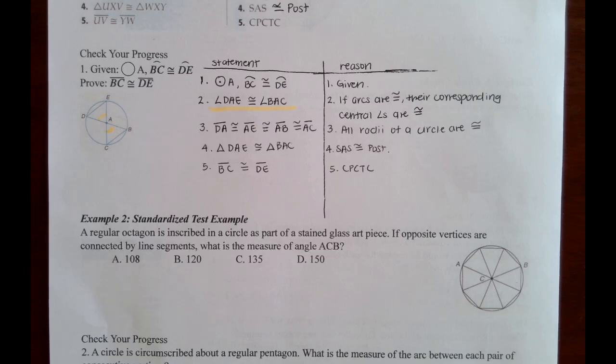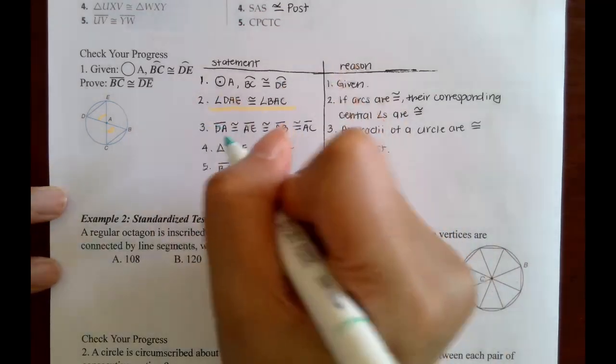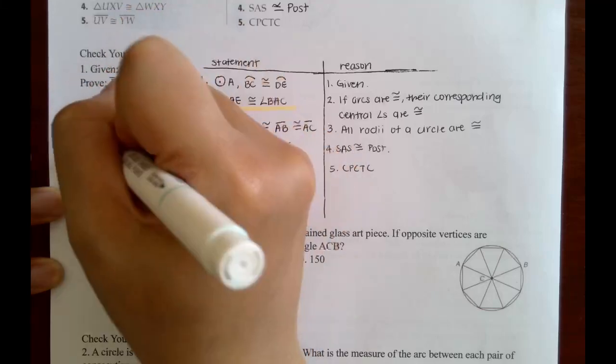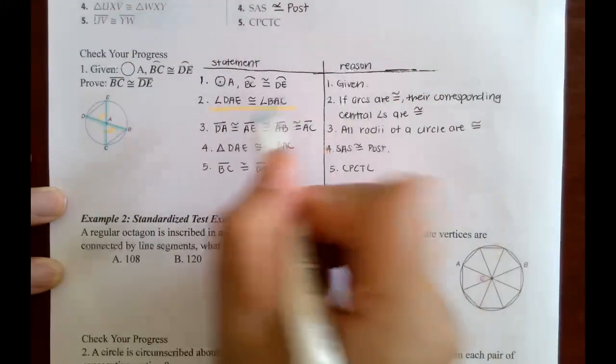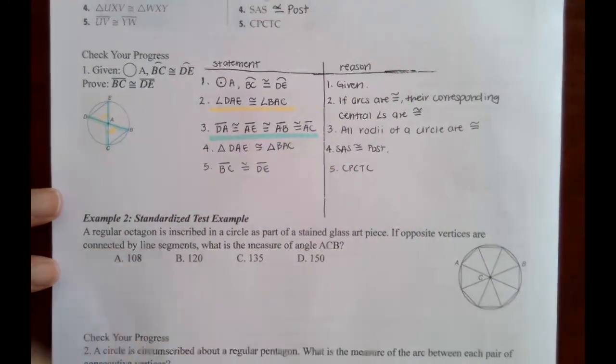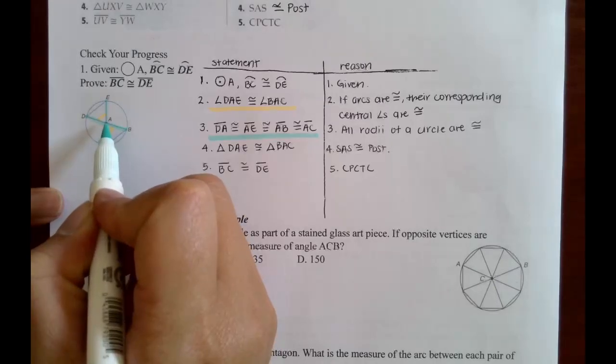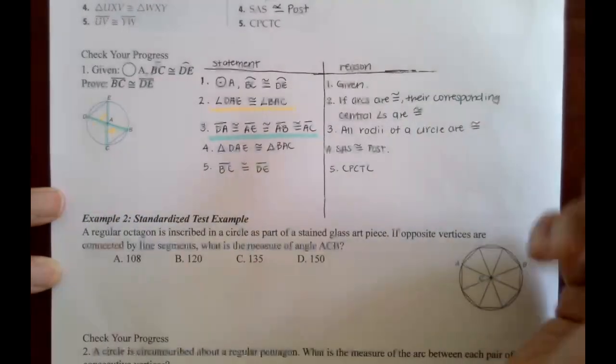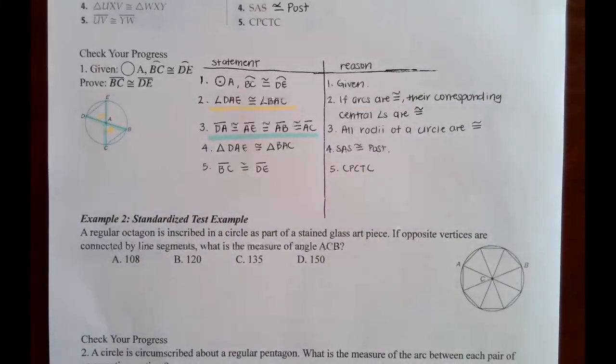Then the next part is talking about the sides of these angles, which are DA, AE, AB, and AC, and all of these are radii, because they go from the center of our circle to the edge of our circle. So as a result, all radii of a circle are congruent, so each of these segments is congruent as well.